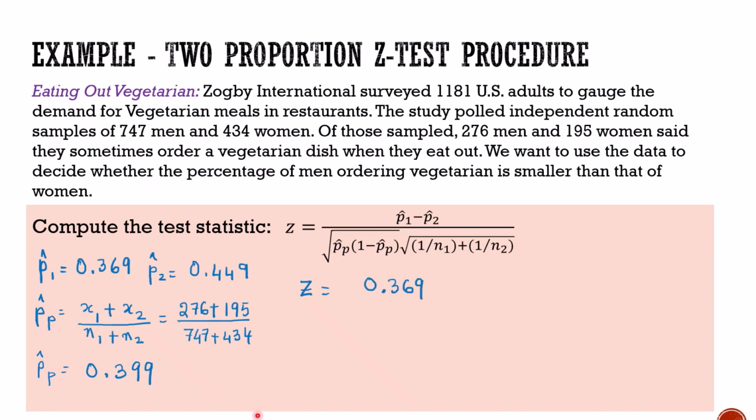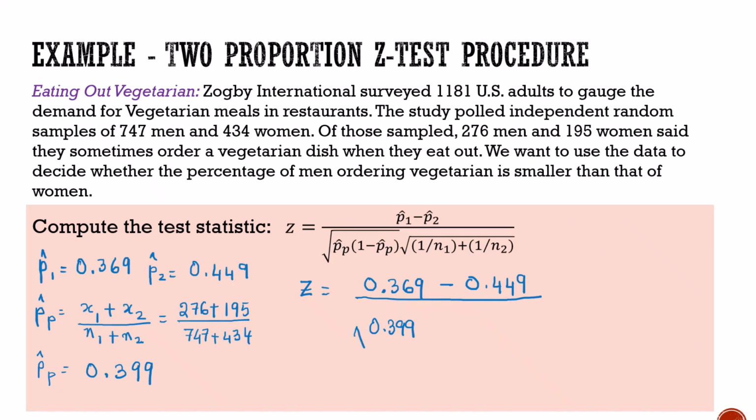So p̂₁ is 0.369, it's this value here, minus p̂₂ is 0.449, which is the numerator, and then let's go to the denominator. p̂ₚ is 0.399. All right, now I'm going to just follow the formula as is, but you can just use a single square root as well.